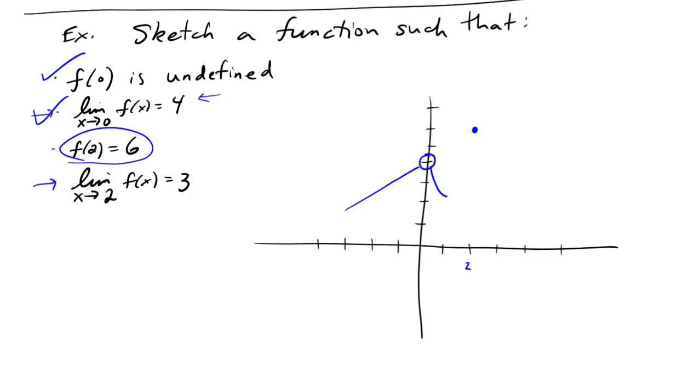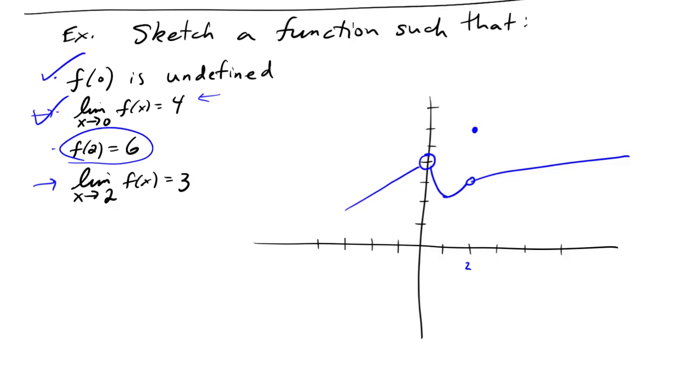So as I'm getting closer to x equals 2, I'm supposed to be heading towards 3. So I think what I could do is put a hole at 2, 3, and then approach it from the left and approach it from the right.